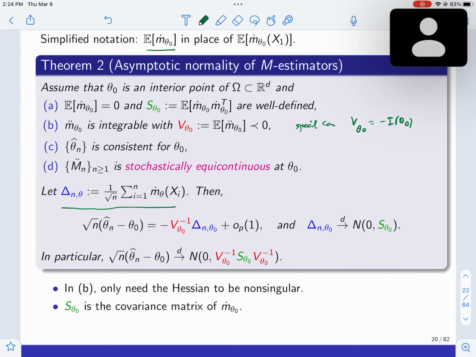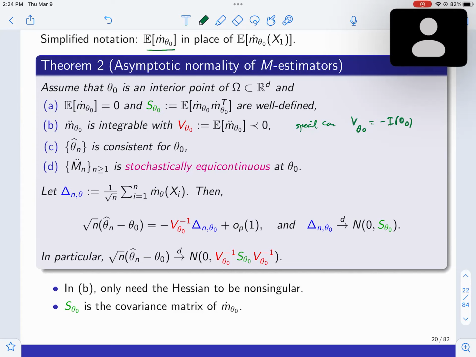So the significance of this result is that theta hat n is a solution. This is not a sample mean. Theta hat n is a complicated estimator. However, we wrote the deviation as a matrix times something which looks like a mean. And we understand means very well.